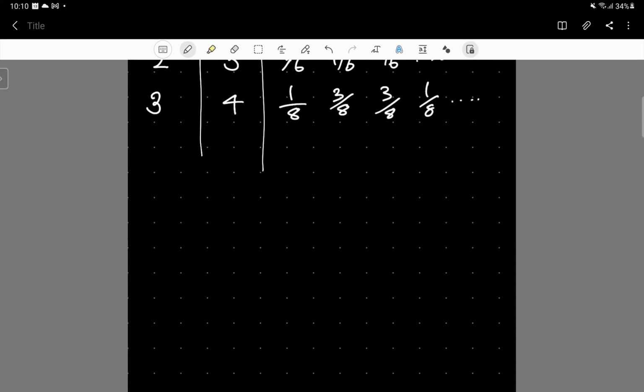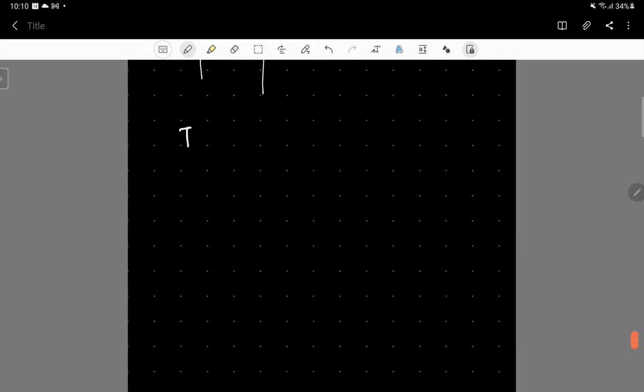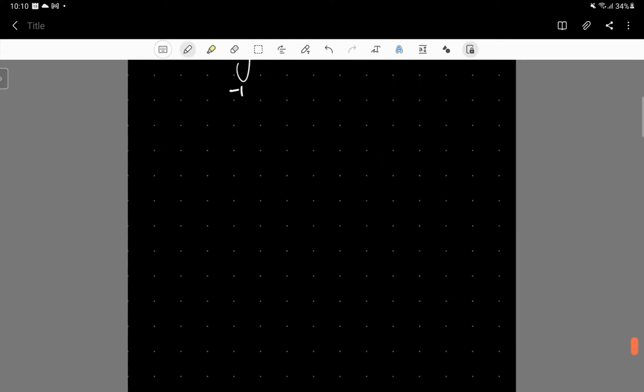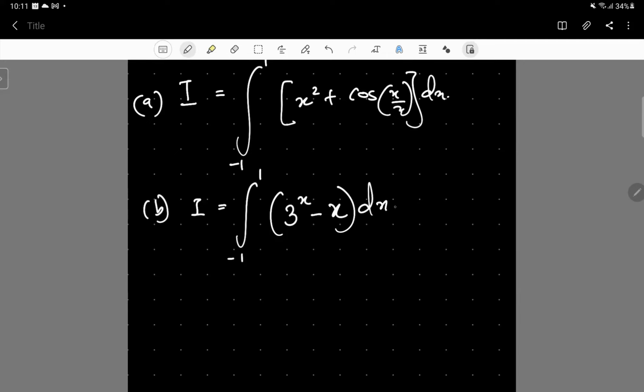So let's try to apply Newton-Cotes quadrature to evaluate the same integrals. First try to evaluate the first integral, and second, let's try to evaluate the second integral, which is from 3 times x, 3 to the power x, dx.